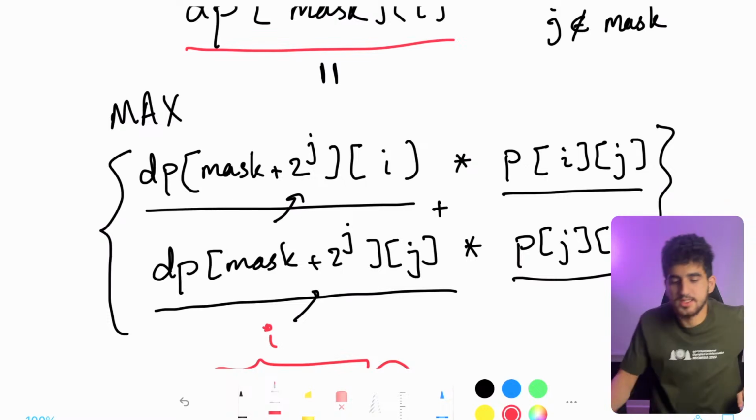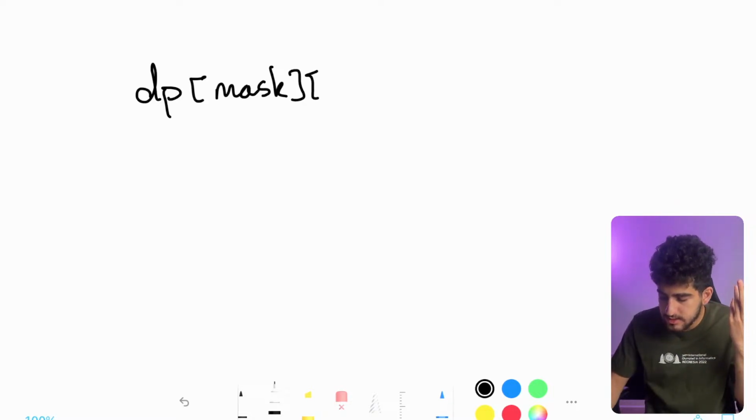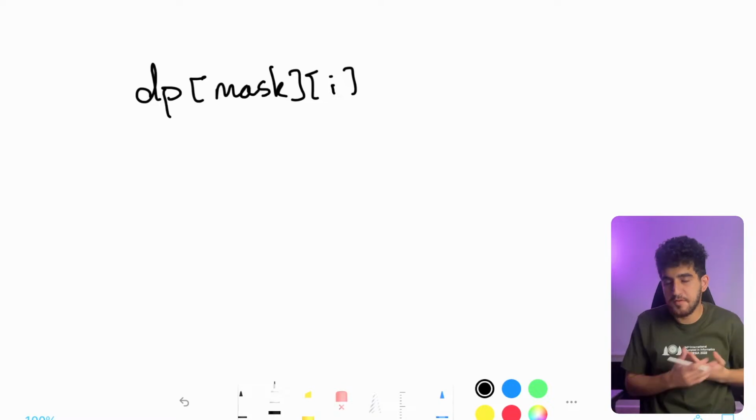My charge was 7%. So what I'm saying is that initially, what are the DPs that we can set? What does DP mean? DP means that our current state is this. These people have fought.